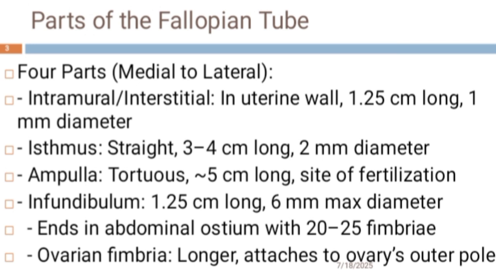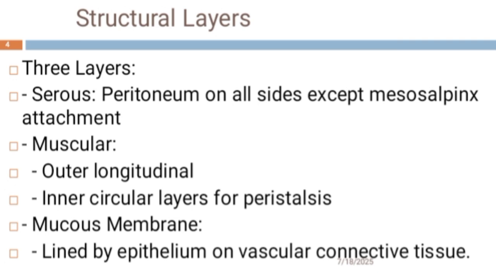Let's now examine the structural layers. Structural layers of the fallopian tube. The fallopian tube has 3 layers. The outermost serous layer consists of peritoneum covering the tube on all sides, except along the mesosalpinx attachment, providing support and protection.